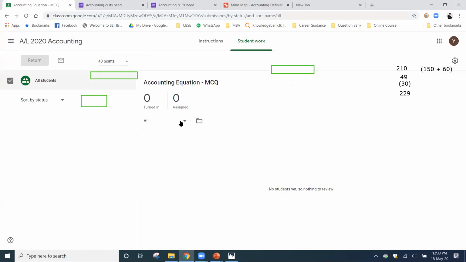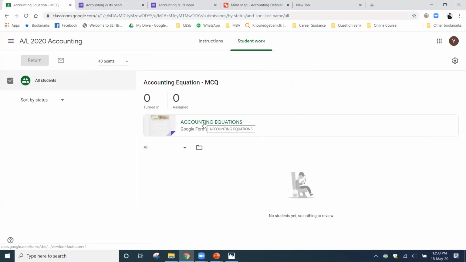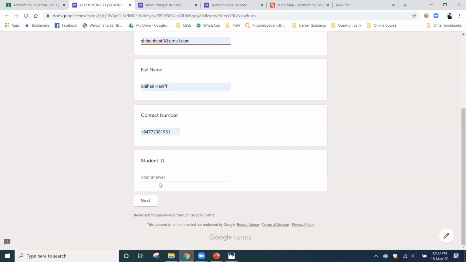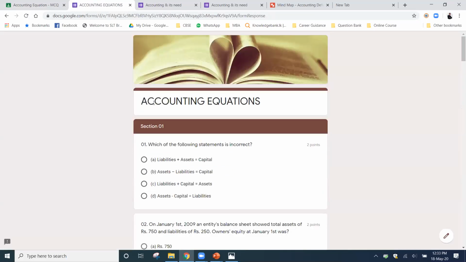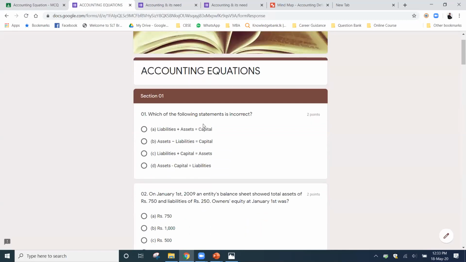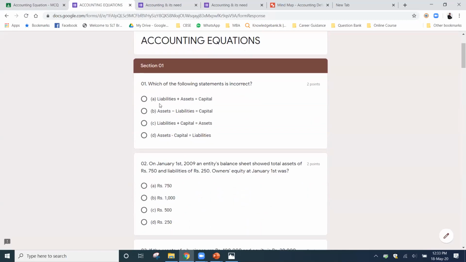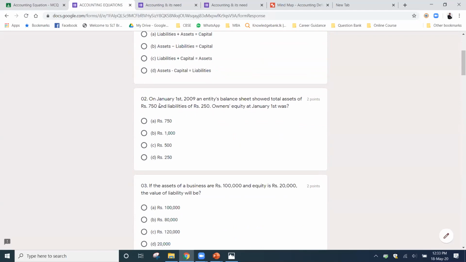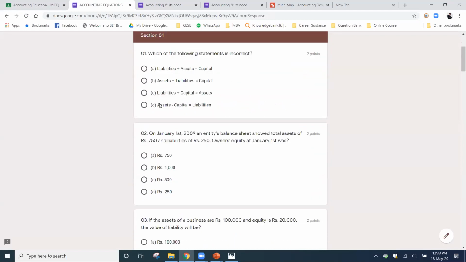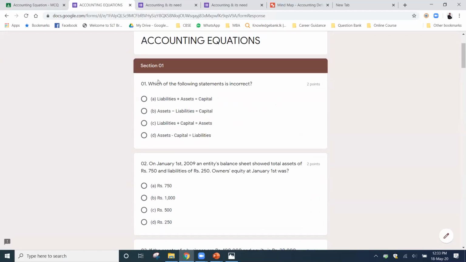Here, if you go to the assignment, this is the assignment. Once you fill all this information, only the email address is compulsory. Other ones you can add. Now see, easy, but revise all your knowledge on the basic. Now to take, what is the answer for the first one? Can you tell me?